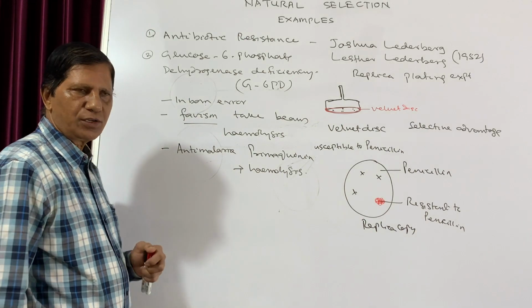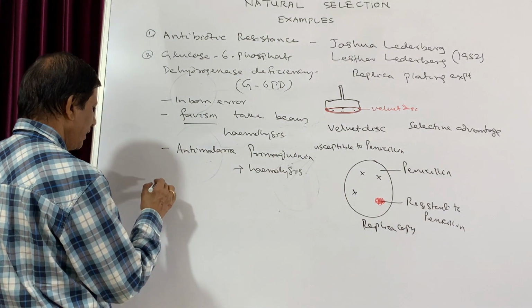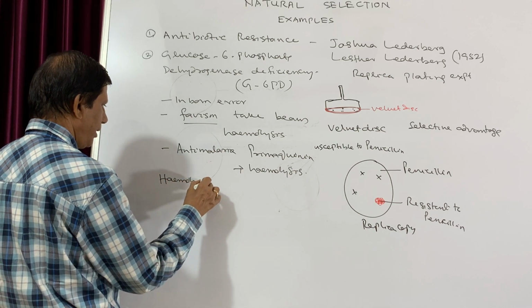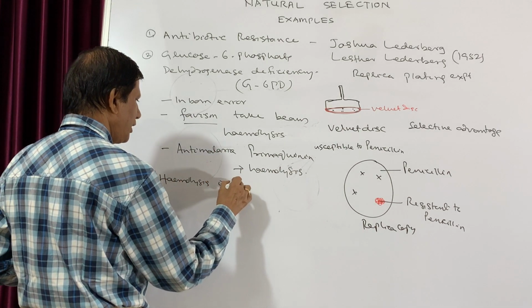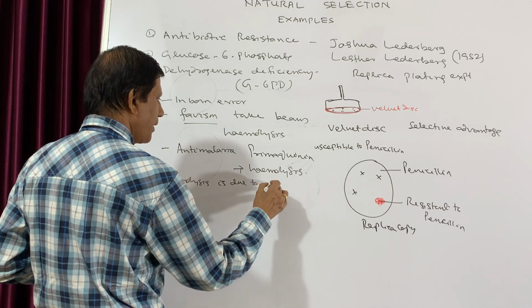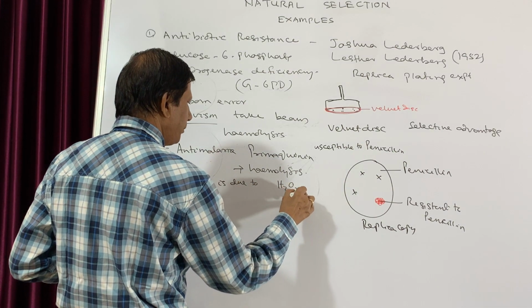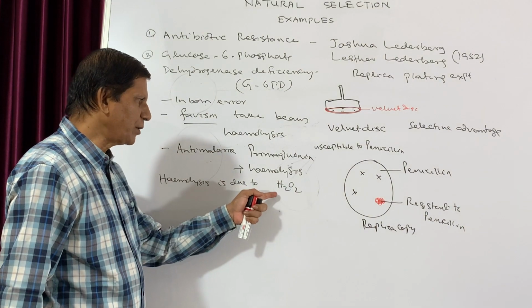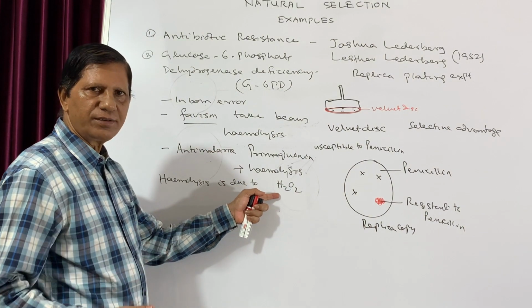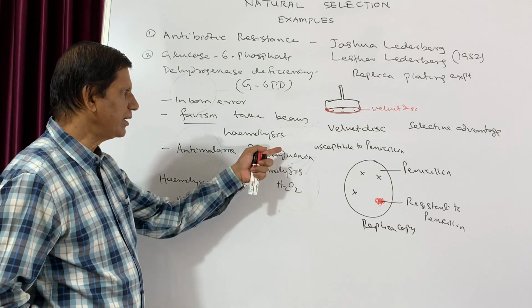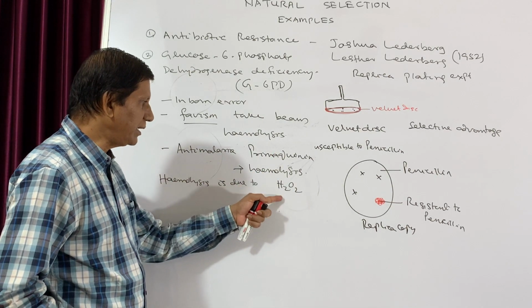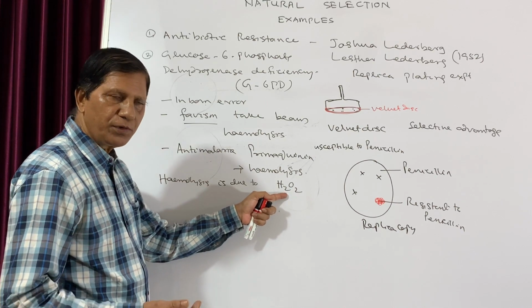Why? What happens actually? The haemolysis is due to hydrogen peroxide, because this hydrogen peroxide is not destroyed. That is why it causes haemolysis. So why is this not removed?